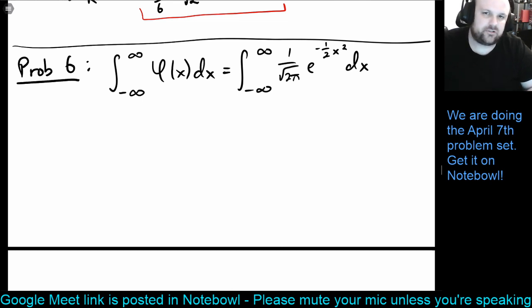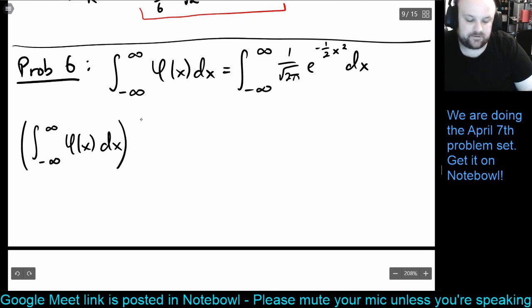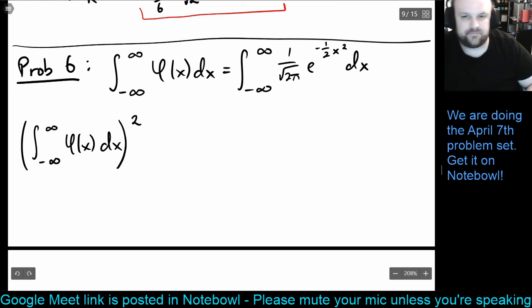But there's a neat trick we can do with multivariable. All right. So what I'm going to do is say, all right, well, I want to compute this integral. I'm going to just use phi for the moment. I want to compute this integral, but this is hard. So let me square this.